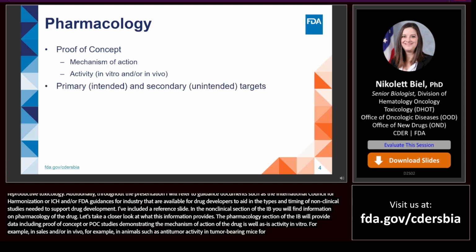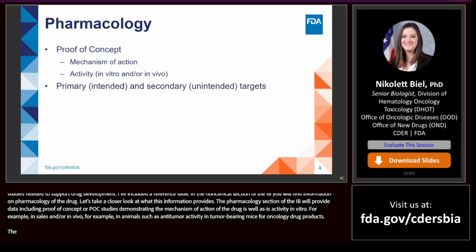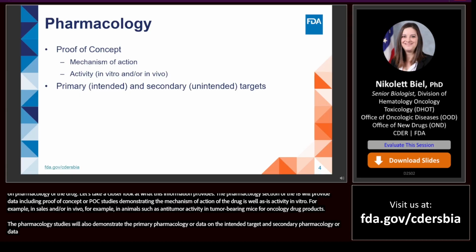The pharmacology studies will also demonstrate the primary pharmacology, or data on the intended target, and secondary pharmacology, or data demonstrating activity, or preferably lack of activity, on unintended or off targets.